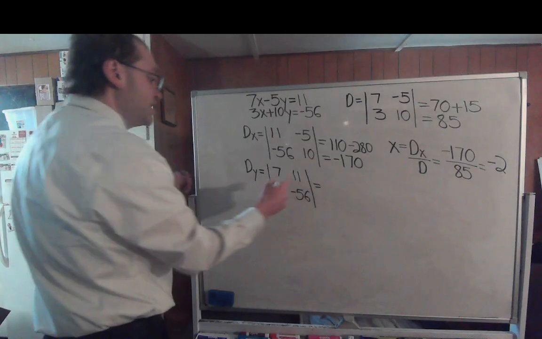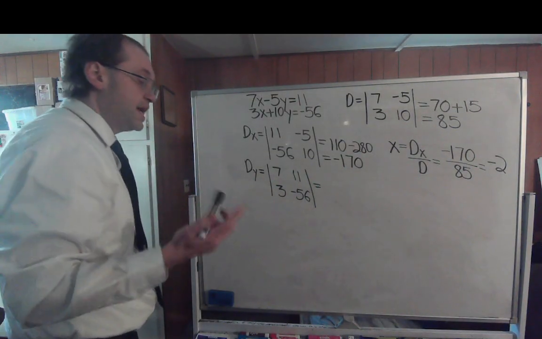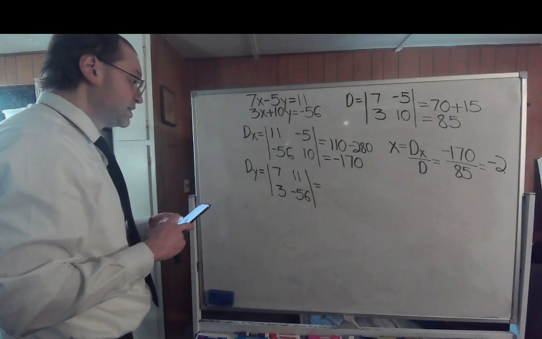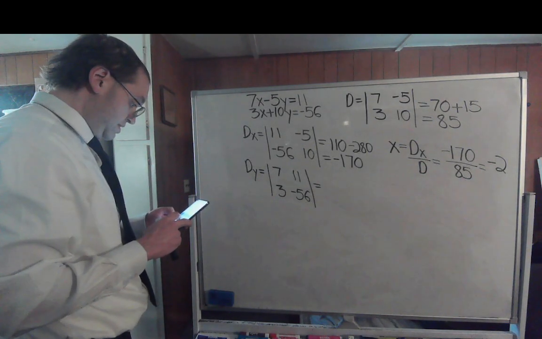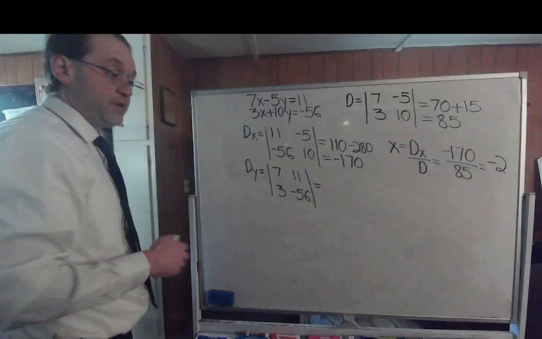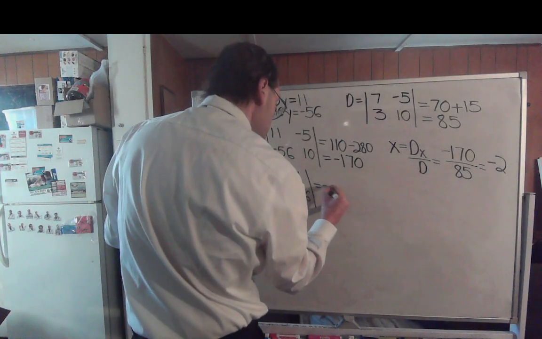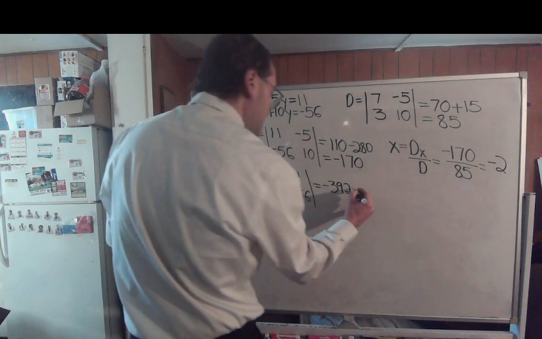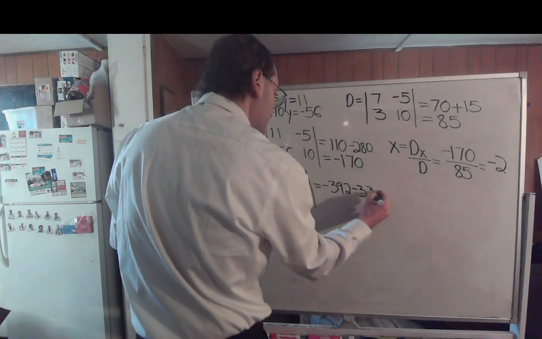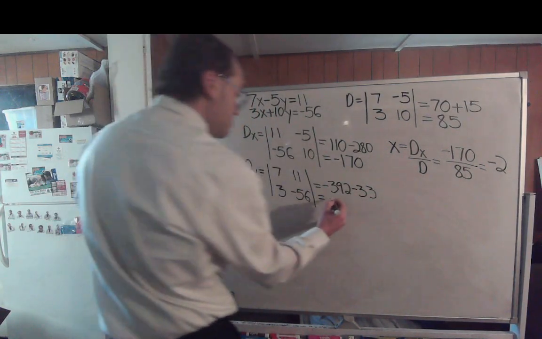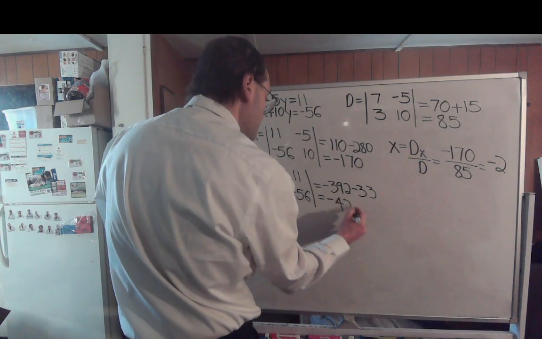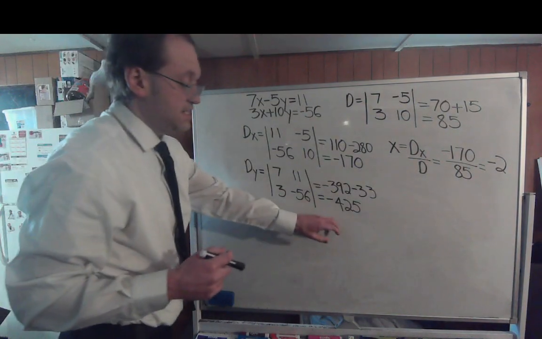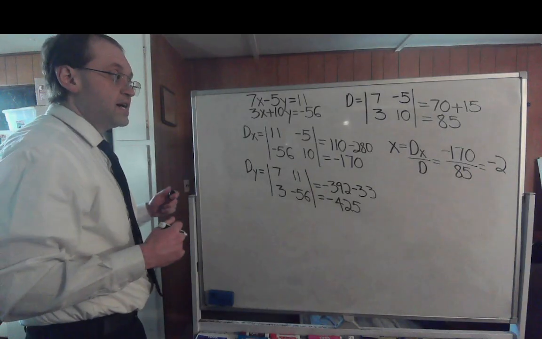Alright, so 7 times negative 56, we have to get to what that is. That'd be negative 392. So that's negative 392 minus 11 times 3. That's another minus 33, which would equal negative 425. So d sub y is negative 425.